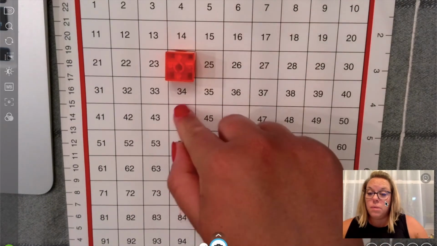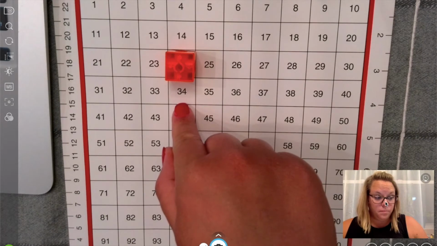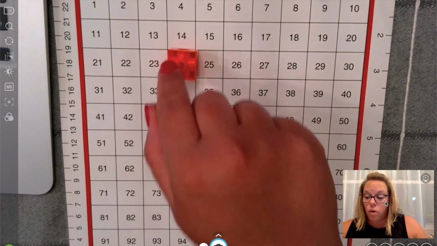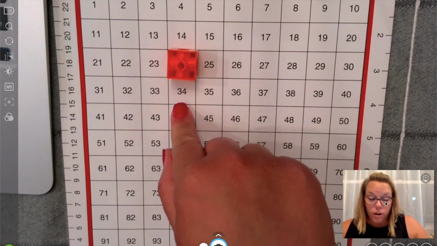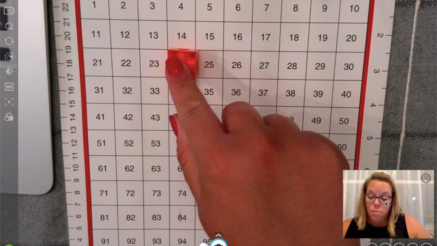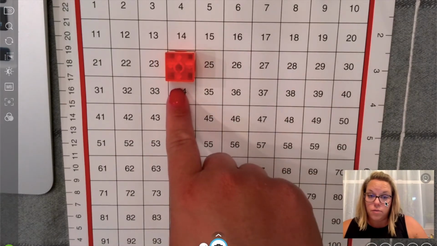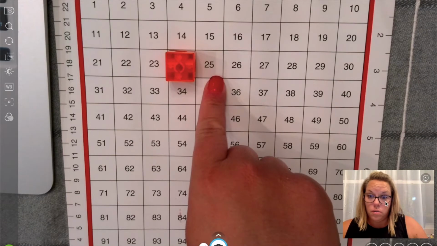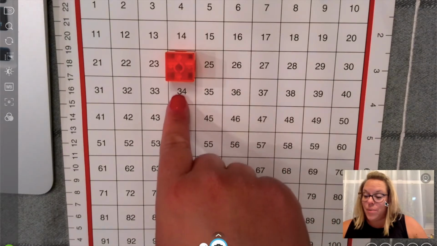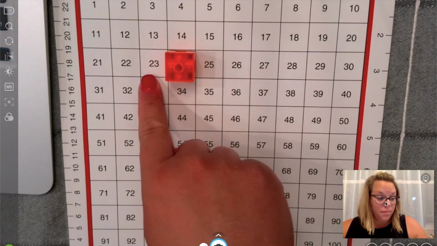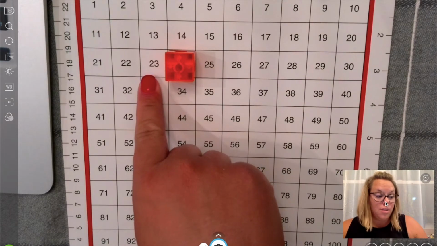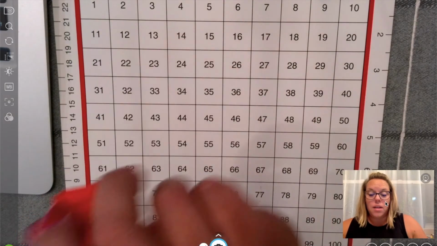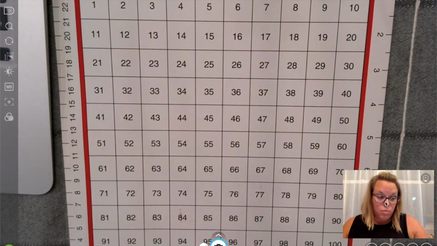And what number is below 24? 34 is. Now, point to the number that is to the right of 24. 25. And what's to the left of 24? 23.